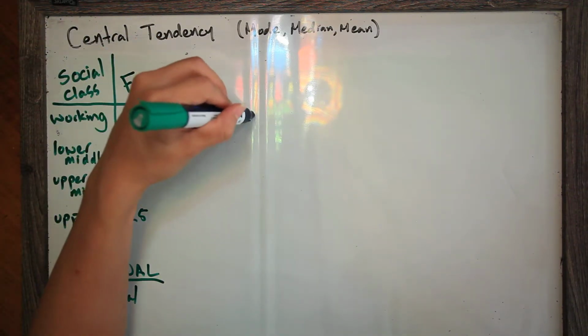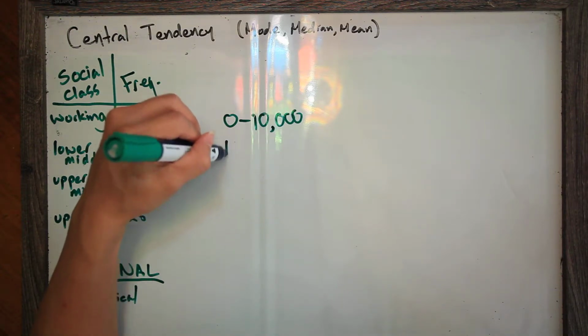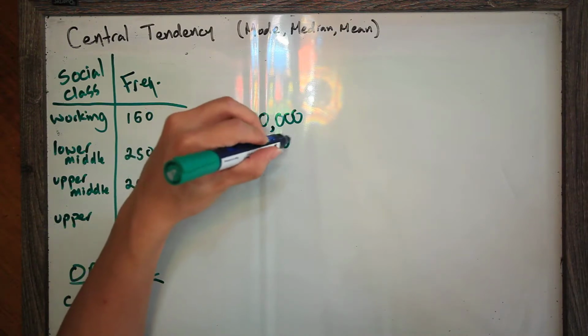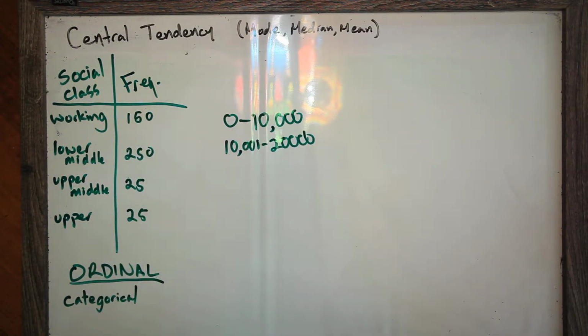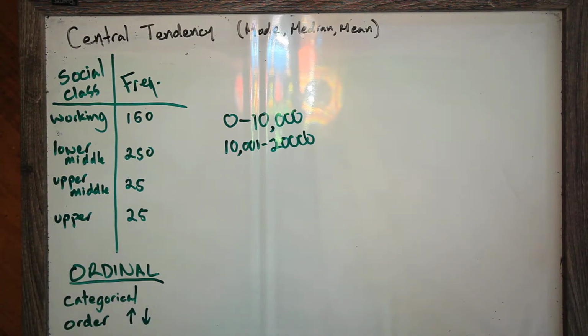Like 0 to 10,000, 10,001 to 20,000, and so on, right? They're ordinal because you can put them in ascending or descending order. So that's either ascending or descending.